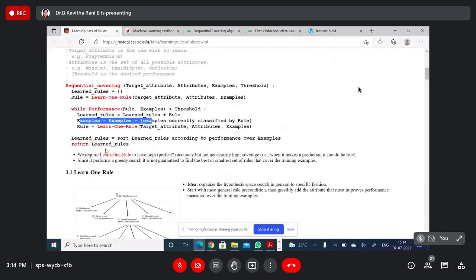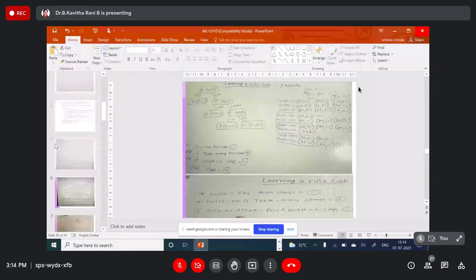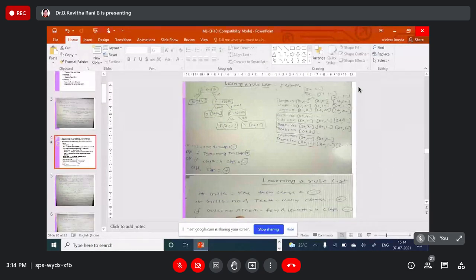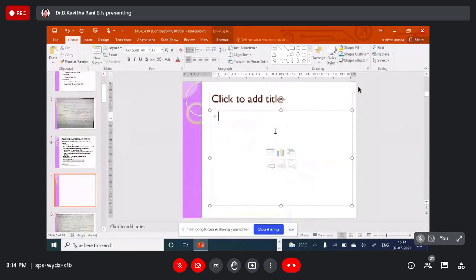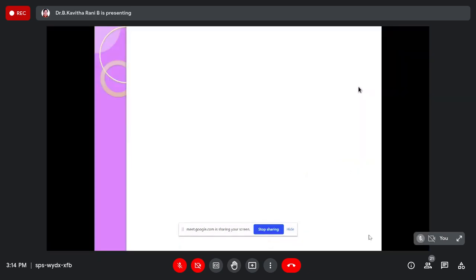So this is the sequential covering algorithm. The particular algorithm which we use here is the sequential covering algorithm.